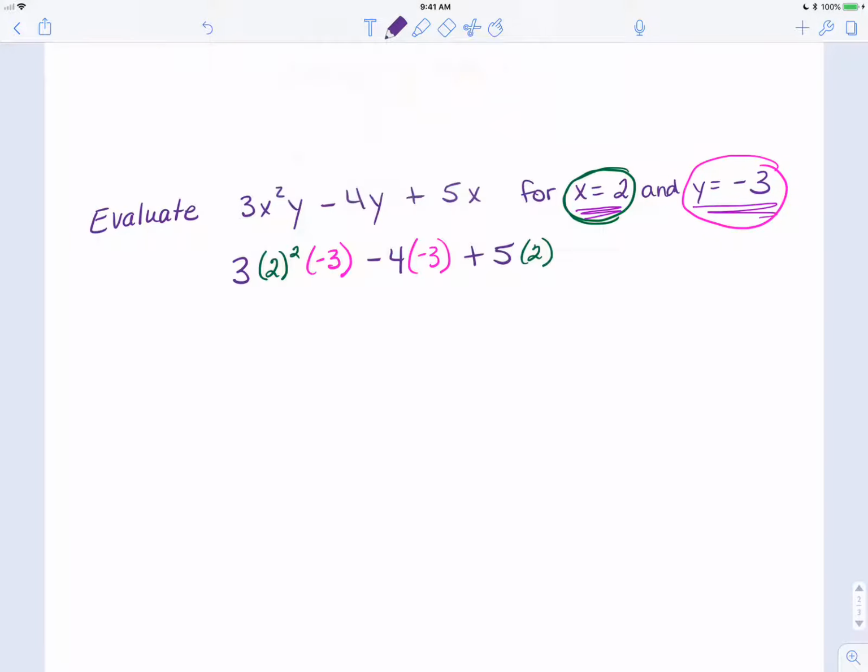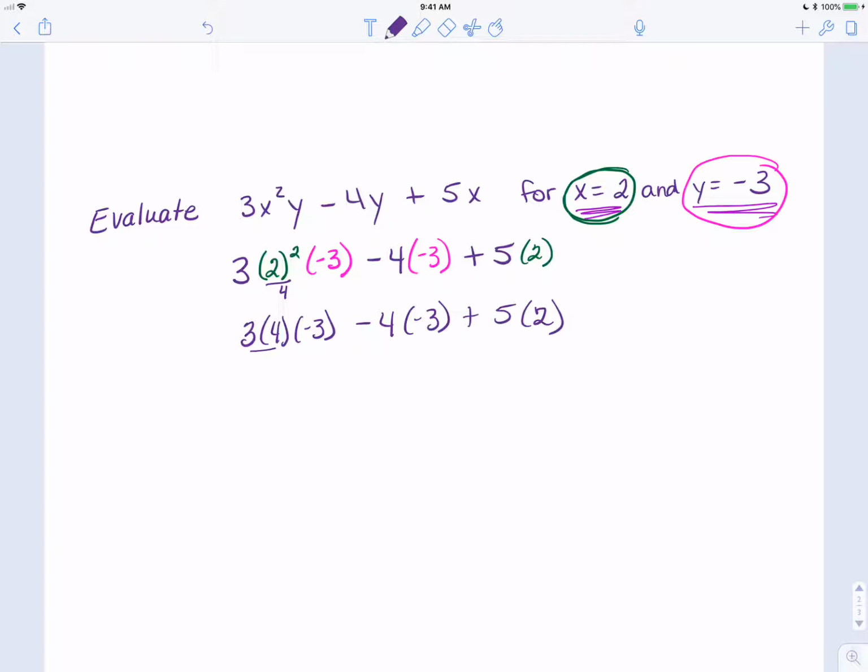Okay, so now we've got to go evaluate this. So 3 times 2 squared times negative 3. Well, 2 squared is 4, so that makes 3 times 4 times negative 3 minus 4 times negative 3 plus 5 times 2.